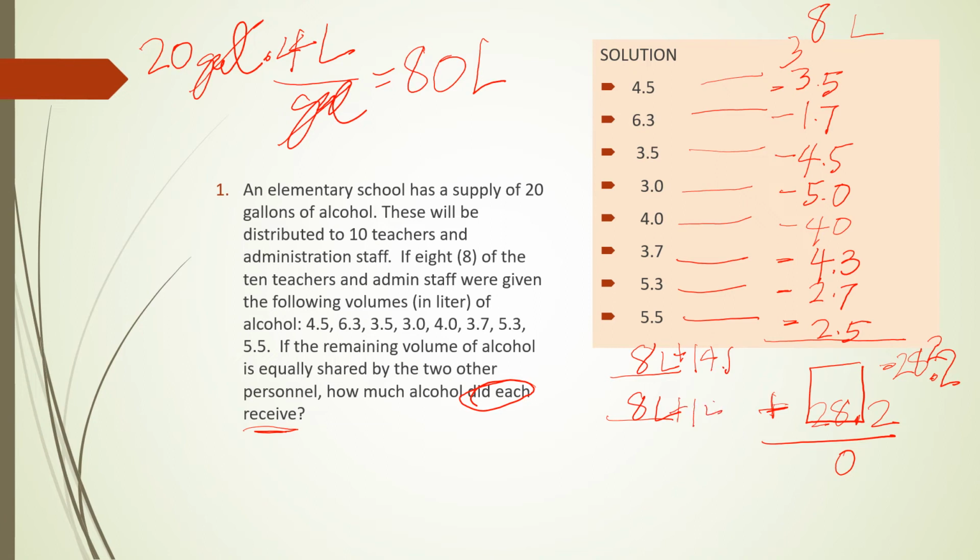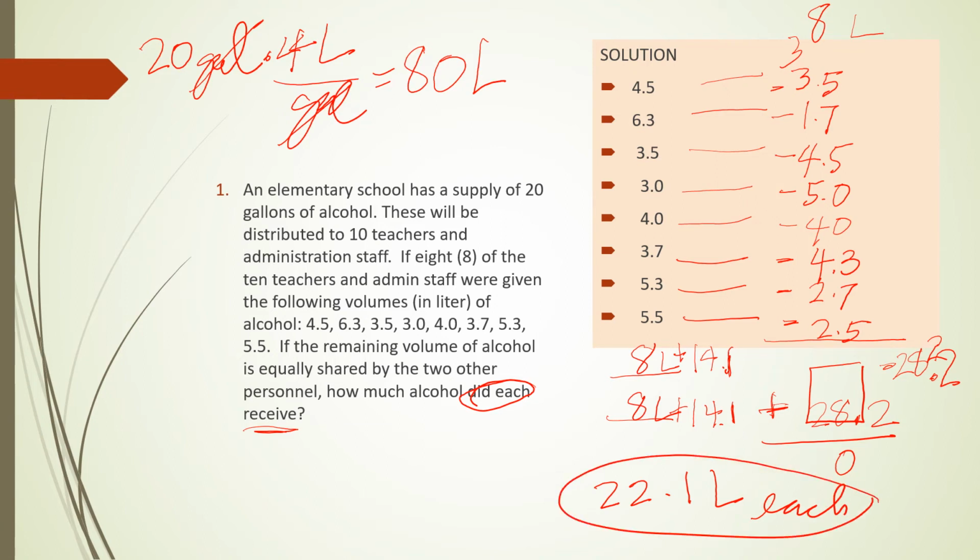And so each individual of the 2 remaining, which needs to share the remaining volume, will have a volume of 8 plus 14.1 or 22.1 liters each. Okay. So this now will be the value of the volume of alcohol for each of these 2 others.